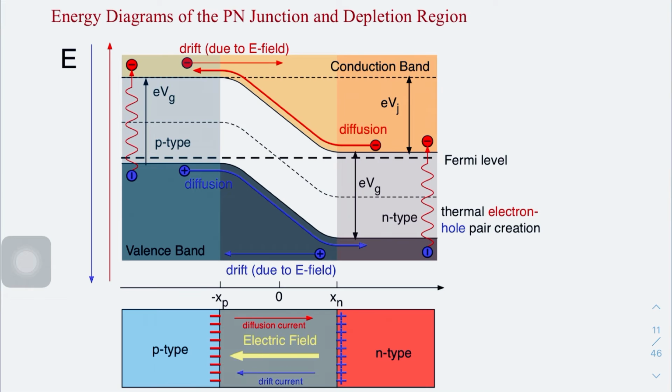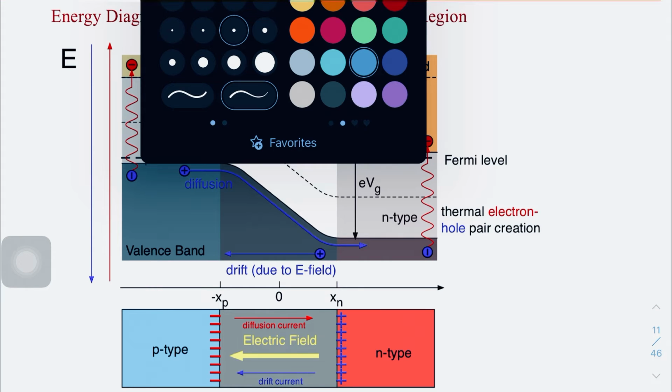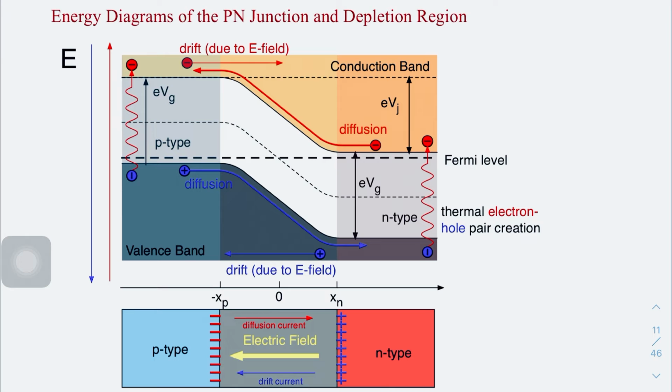And this is also the energy band diagram of the p-n junction. We see that electrons from the conduction band of the n side need an energy to go to the conduction band of the p side.